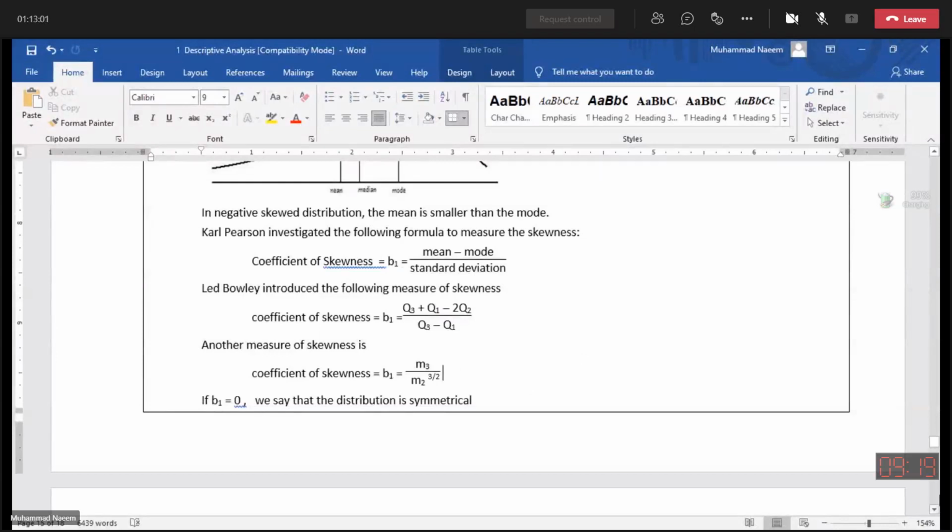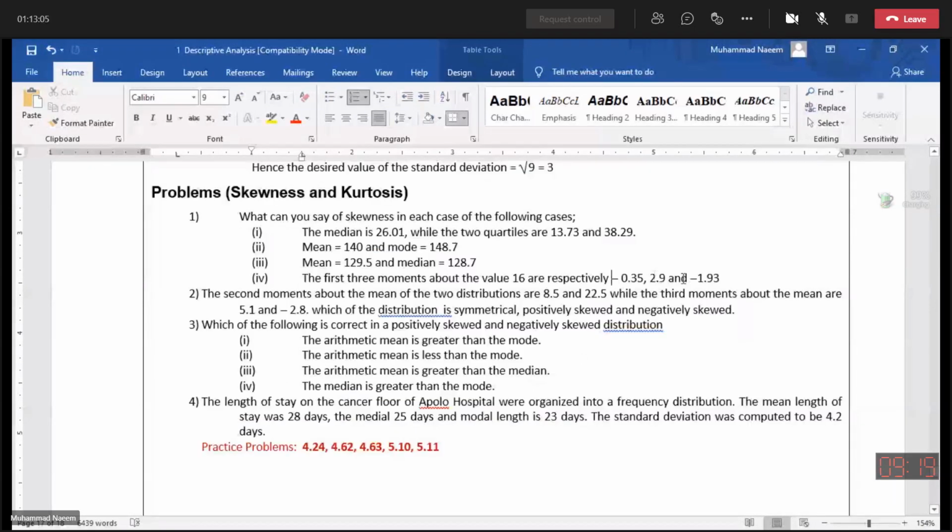So first of all, no need to calculate all other moments. Just calculate from here the third moment about the mean, just using the relation. Then decide whether the distribution is positively skewed or negatively skewed.